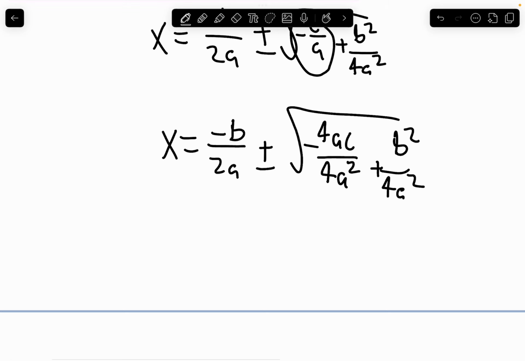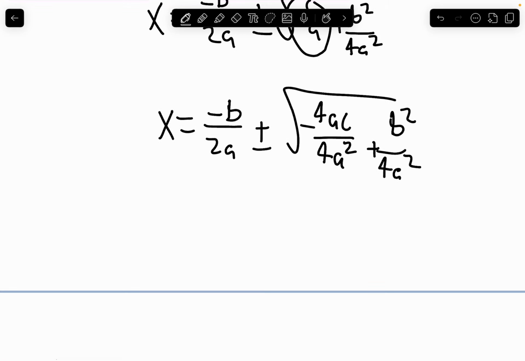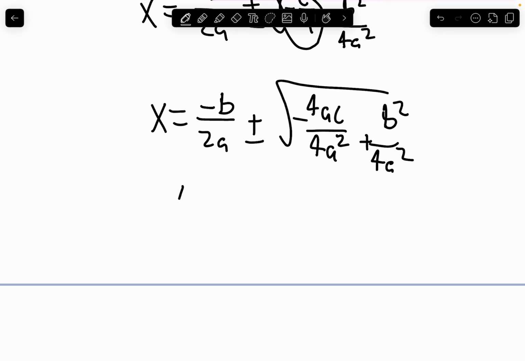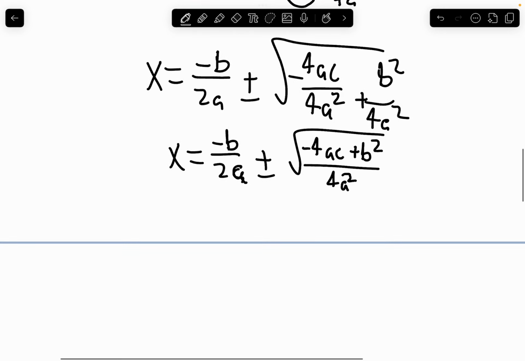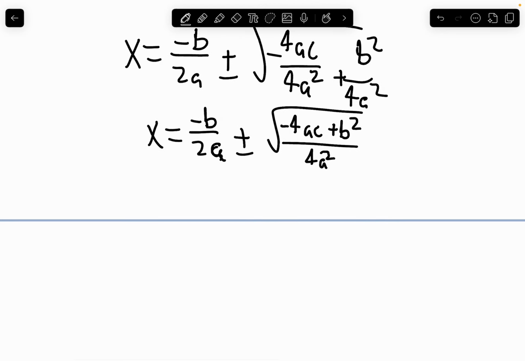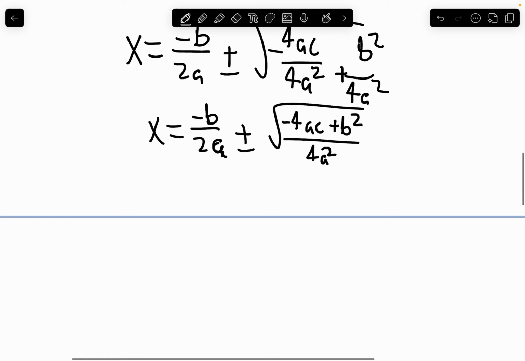And now we can add these two together, which gives x is equal to the opposite of b over 2a plus or minus the square root. And now what we do is we take the square root of the numerator and denominator separately.